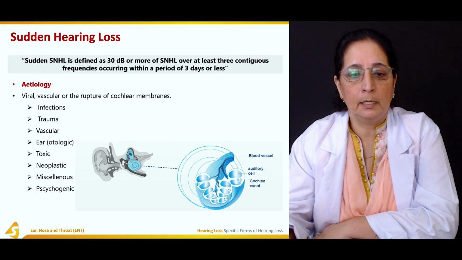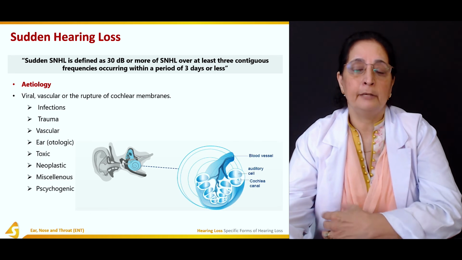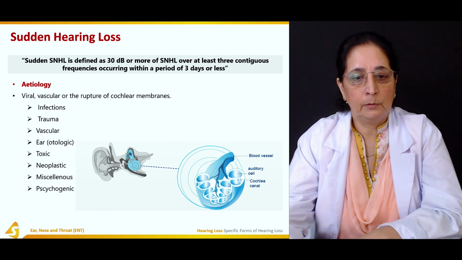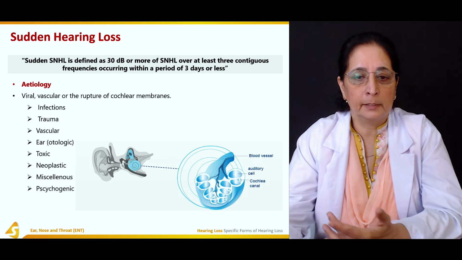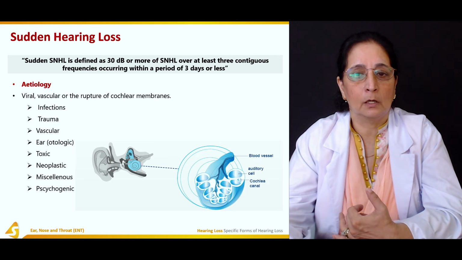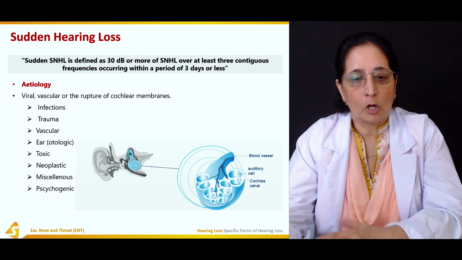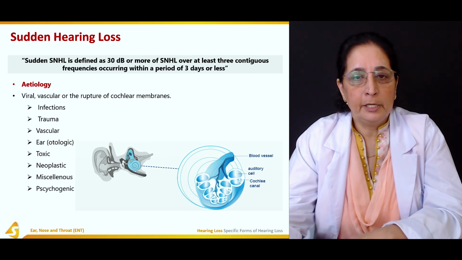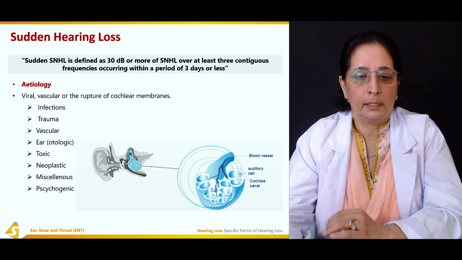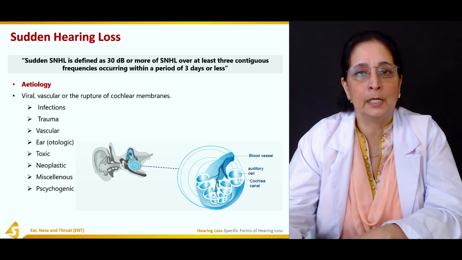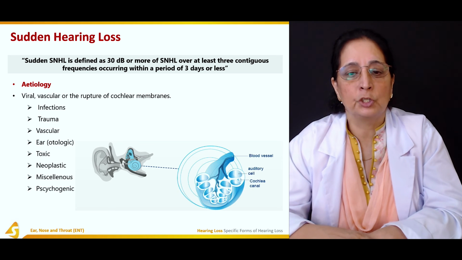Causes of sudden hearing loss can be infections, trauma, vascular causes, any drug or toxic effect affecting the ear, neoplastic causes such as a tumor, miscellaneous causes, or it can be psychogenic.